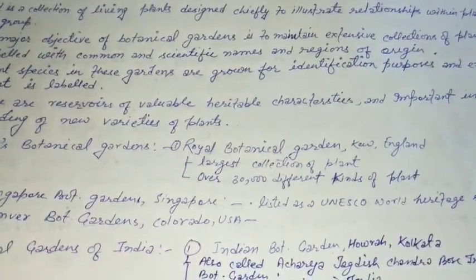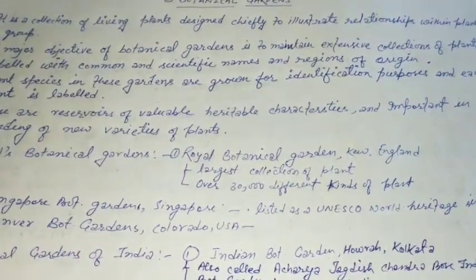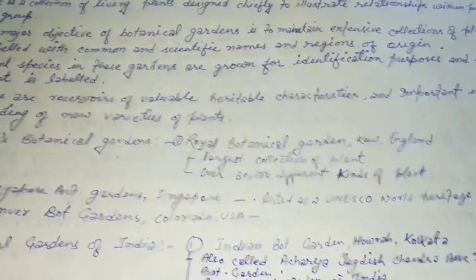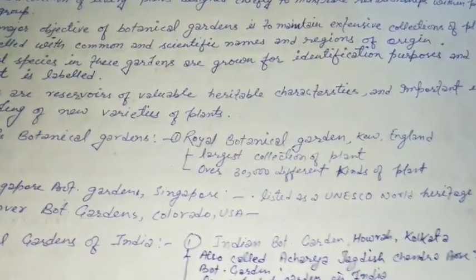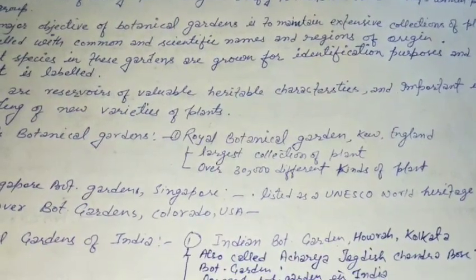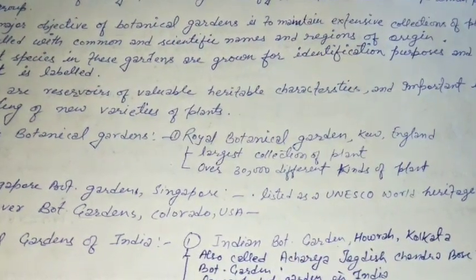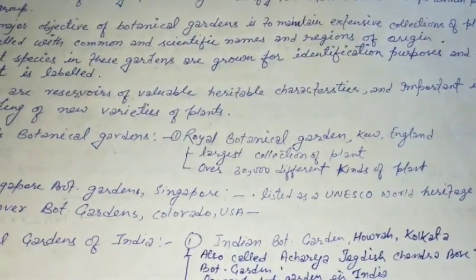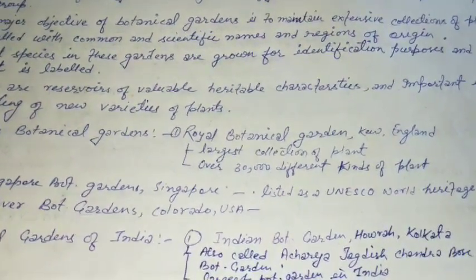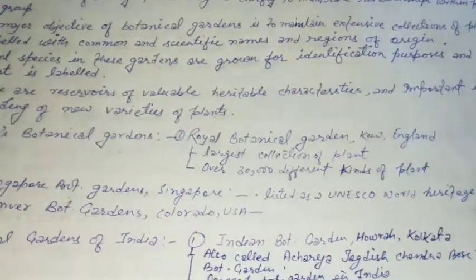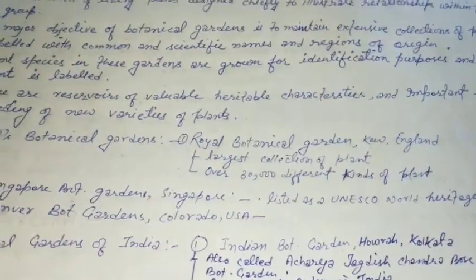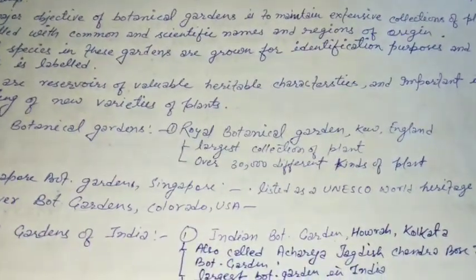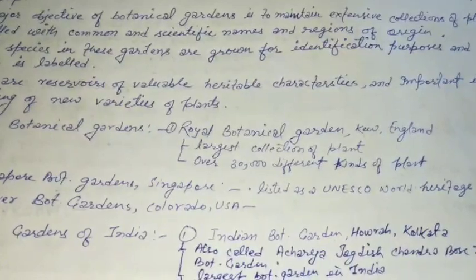Like if we are talking about national parks, a national park is a type of in situ conservation. A large area is protected, and in that particular area all the species of plants and animals are also protected.